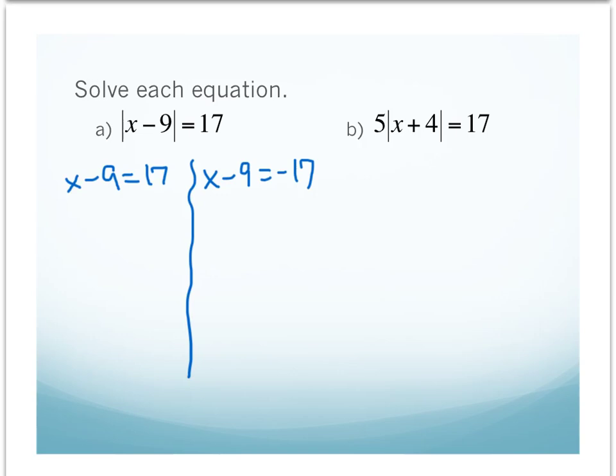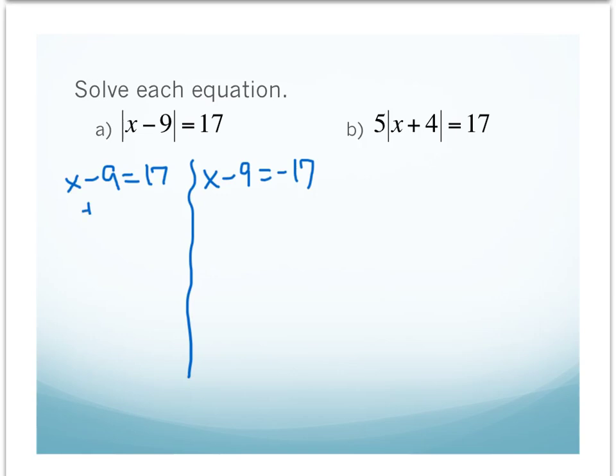Because the value of x minus 9 can be positive 17 or negative 17, because you're going to take the absolute value of that, and that would equal 17. So we're checking for two possible answers. Notice that the x minus 9 stays the same on both sides. All we're doing is setting it equal to a positive and negative of the right side.